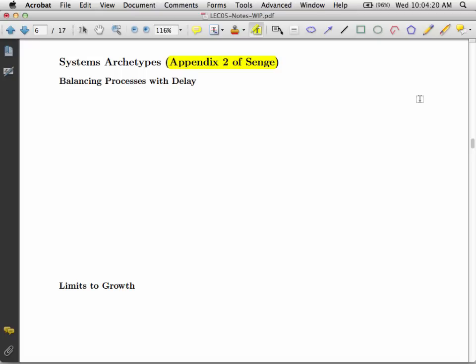So balancing processes with delay. Now we've seen some of these before, so this is really just to refresh your memory on a lot of these things. You have some actual condition, and you don't like that particular condition, so you take corrective action.